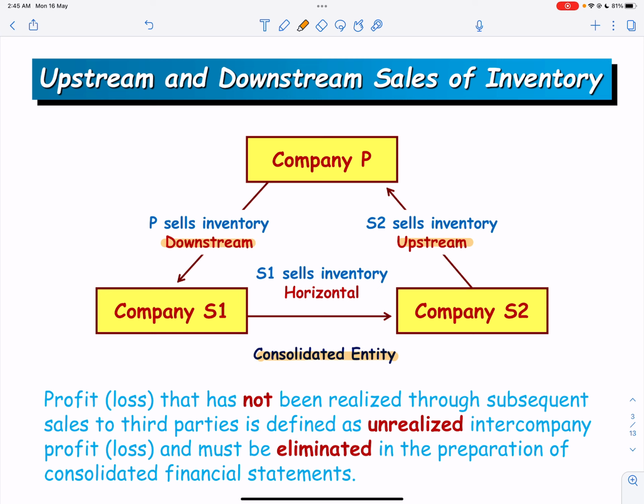Parent selling goods and services to the subsidiary. In this video, we will focus on downstream sales. Next is the horizontal sales, that is subsidiary to subsidiary when a subsidiary sells to another subsidiary.